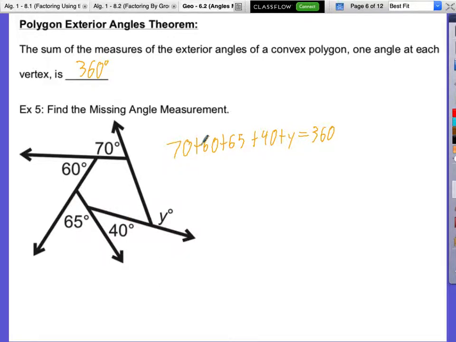We would combine like terms: 70 plus 60 plus 65 plus 40. What do those add up to be? 235. And then how do we get y by itself? Subtract. Y is equal to 125. 125 degrees for this angle measurement.